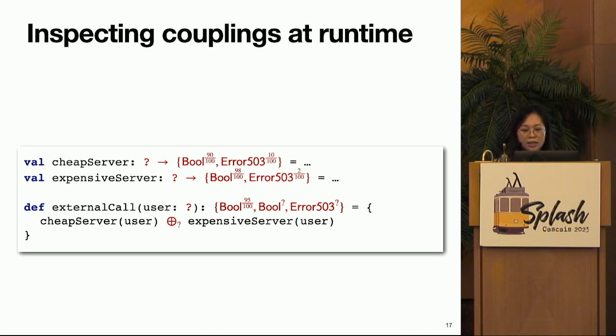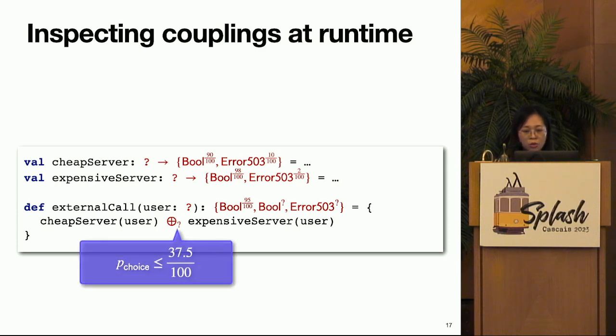Going back to the example, if you analyze the possible answers for the constraints, it's going to give you that the probability has to be less than or equal to 37.5%. If you choose any probability less than that, you can guarantee that the probability is going to be at least 95% to satisfy the requirement.